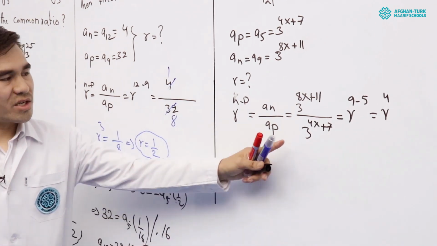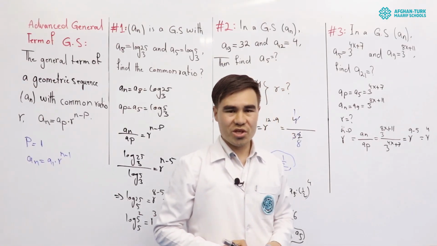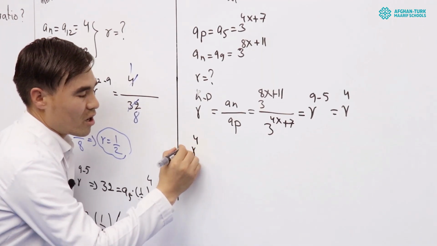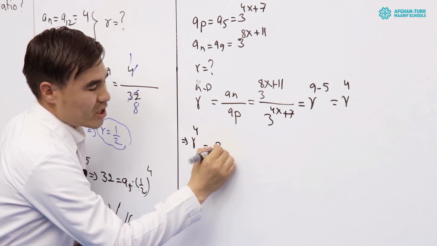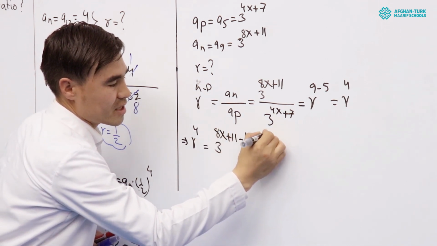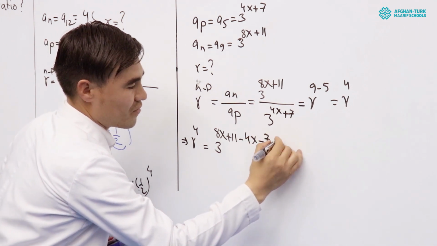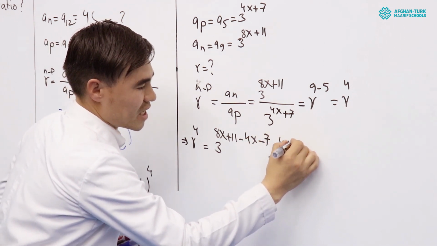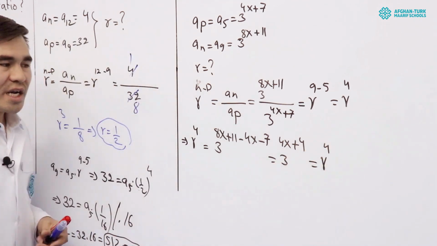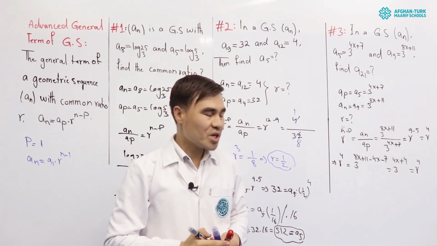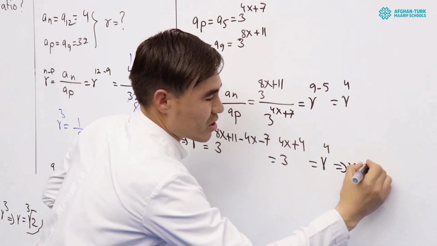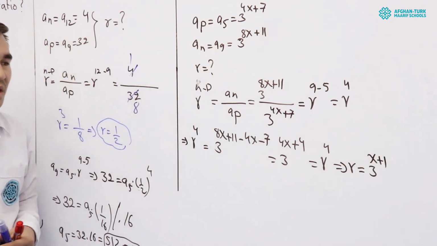It is necessary to simplify according to the exponential properties. R to the power of 4 will be 3 to the power of 8 times x plus 11 minus 4 times x minus 7, which is 3 to the power of 4 times x plus 4. This is equal to r to the power of 4. When I take the fourth root from both sides, r will be equal to 3 to the power of x plus 1. This is the common ratio.